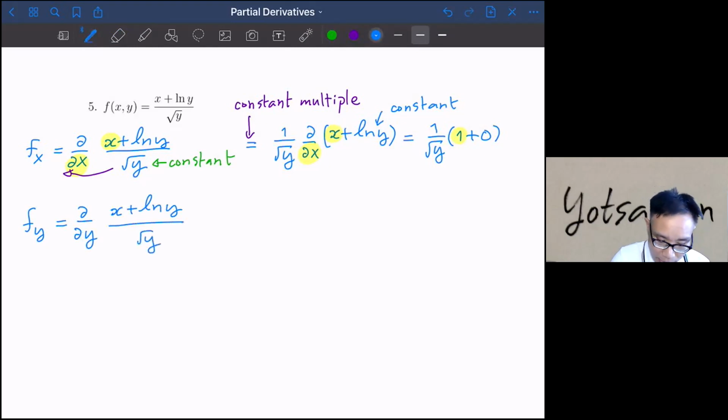And you see that for this one, you have d/dy, and you have y on the bottom, and you have y on top. So this one is going to be a quotient between two functions in terms of y. So you use the quotient rule.